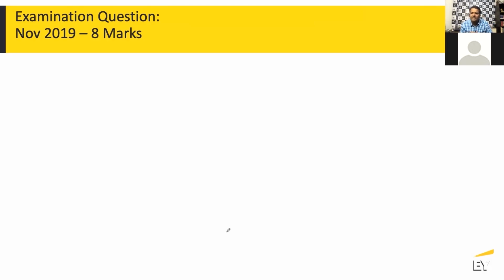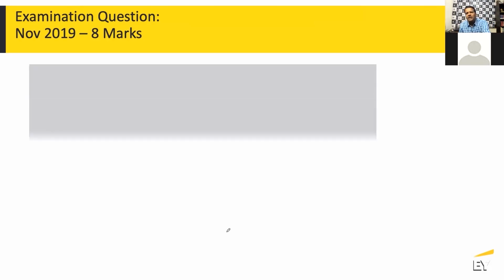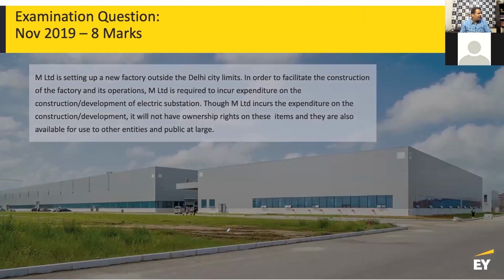Now that's a very, very important accounting concept which you need to remember, and that was the subject matter of this discussion. M Limited is setting up a new factory outside the Delhi city limits. In order to facilitate the construction of the factory and its operation, M Limited is required to incur expenditure on the construction or development of an electric substation.